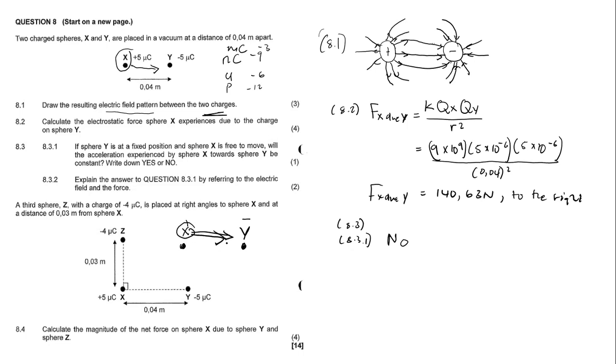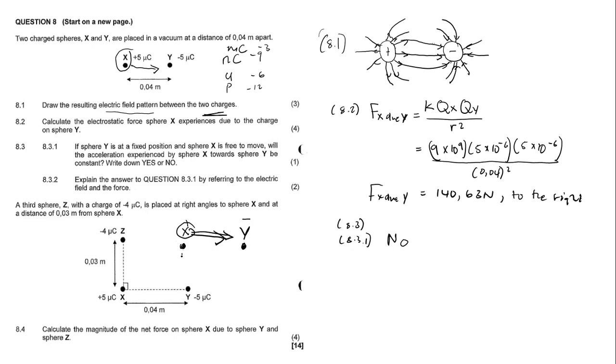Why is that the case? It's because we need to understand that sphere Y has what we call the field lines. Sphere X has field lines too, like in 8.3.1, how we drew it over there. What you have to understand is that the field lines become stronger towards the charge.